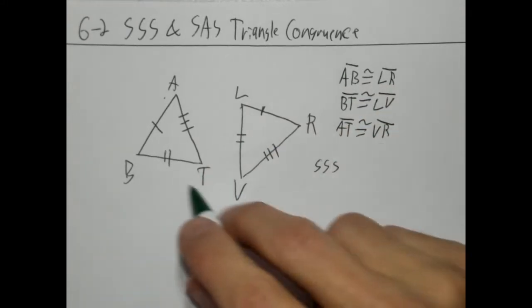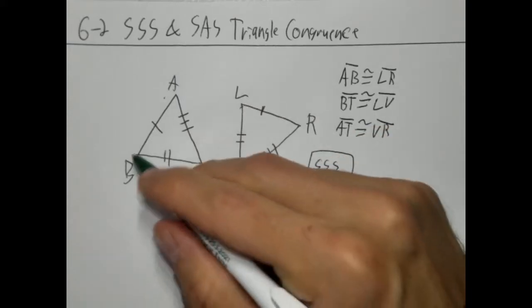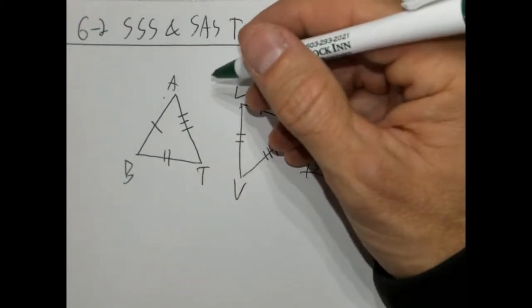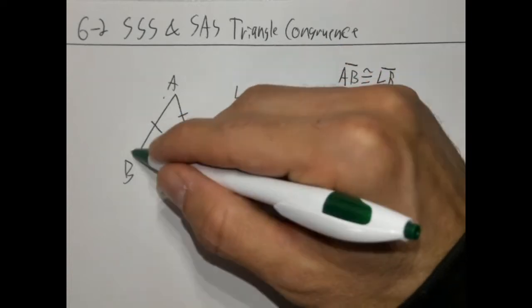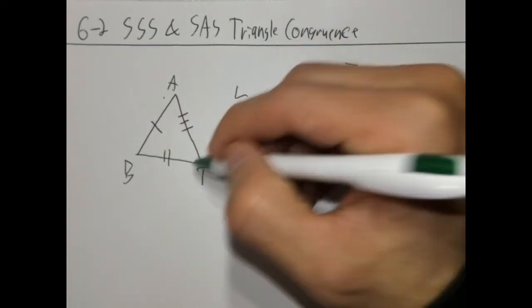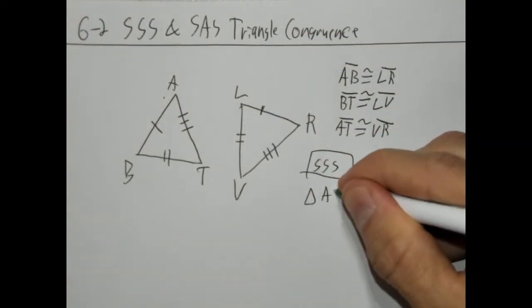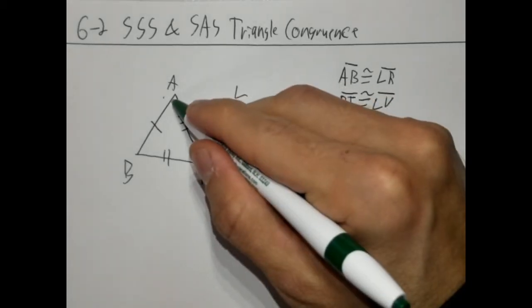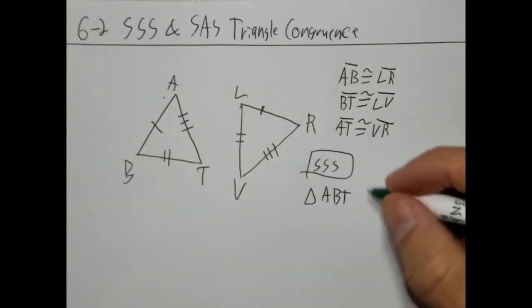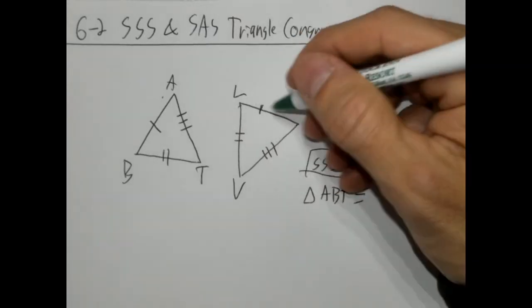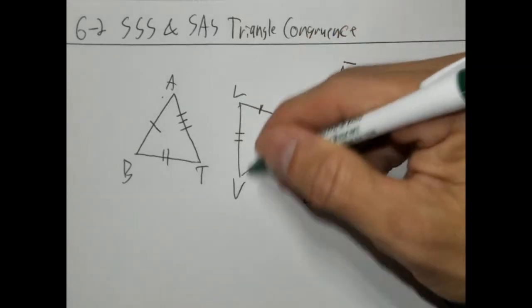And we'll go ahead and write a congruency statement for this. I always like to go 1, 2, 3. So triangle ABT. Now notice how I did that. I went from 1, 2, 3. And here we're going to go RLV, so 1, 2, 3.